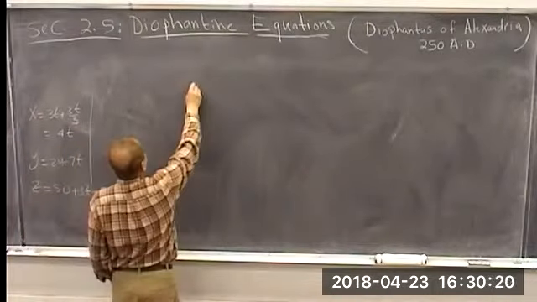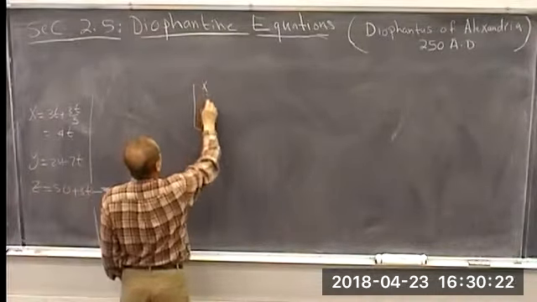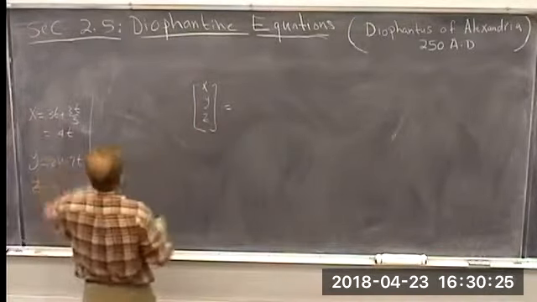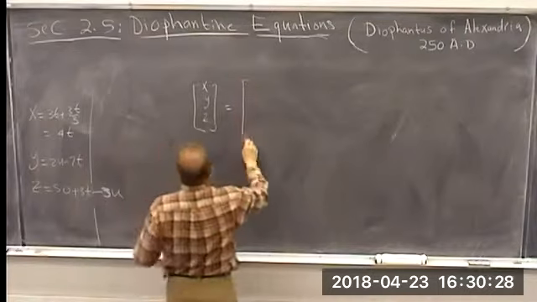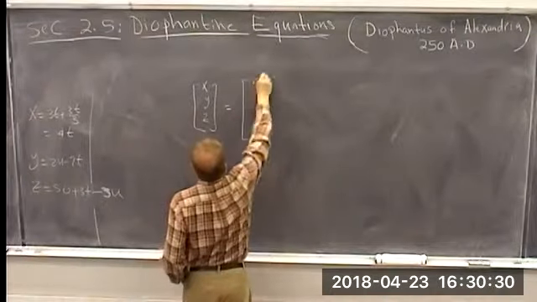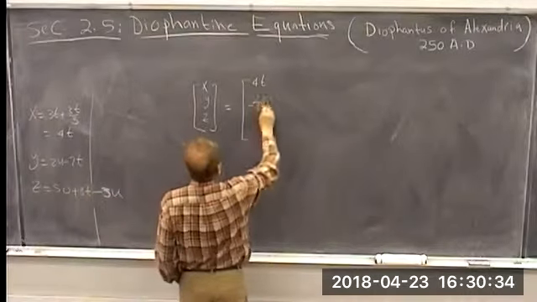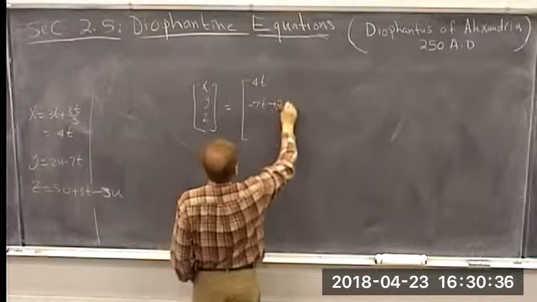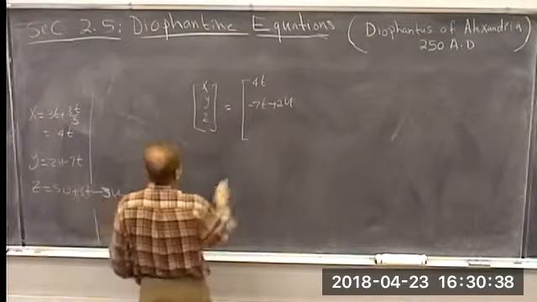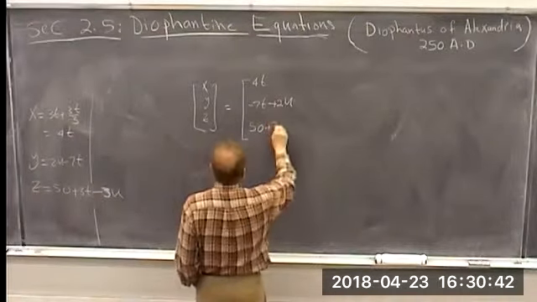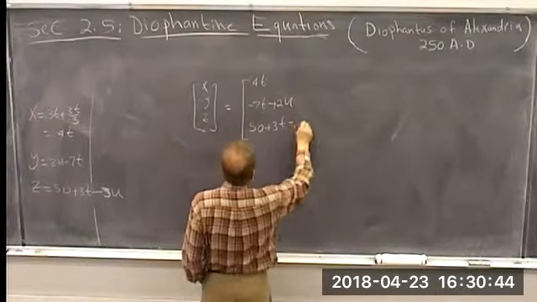So the solution x, y, z, we have this one written like this. Let me write it as is. This is 4t. This one is negative 7t plus 2u. And the z is 50 plus 3t minus 3u.